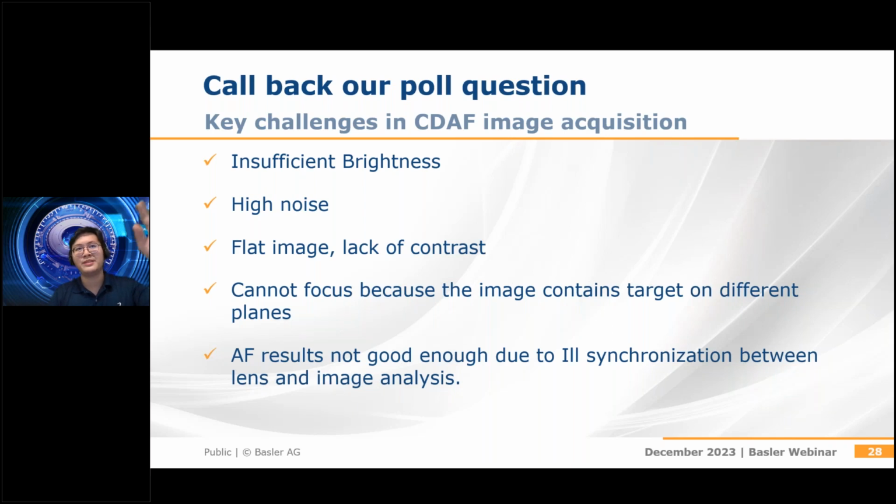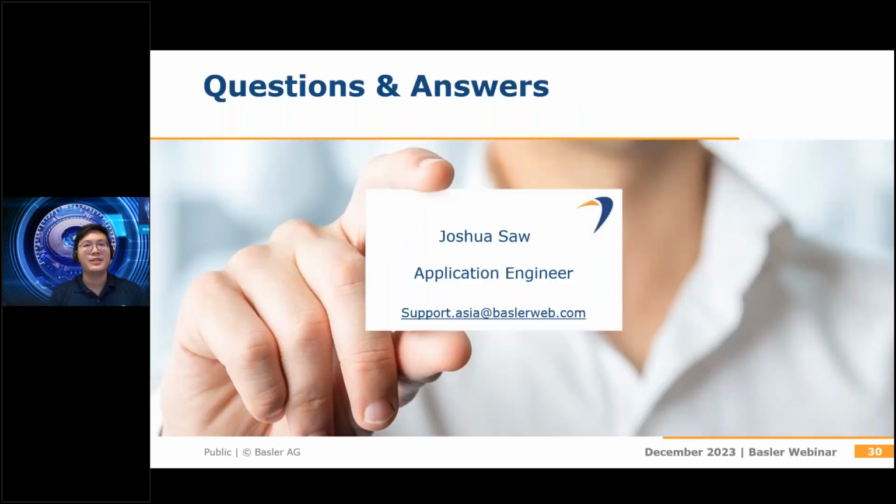For the first three points, we have already highlighted in our demo that it's able to focus without any issues using our autofocus system. So now we are going into the Q&A session.